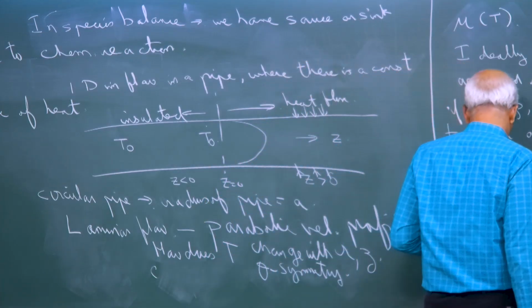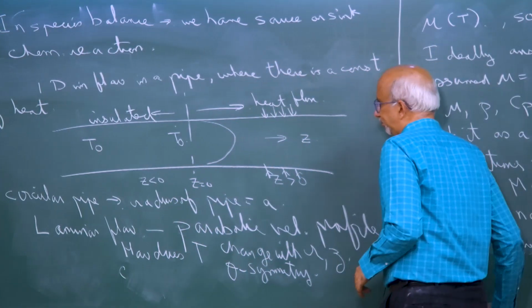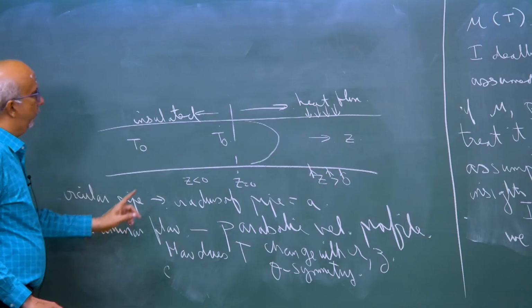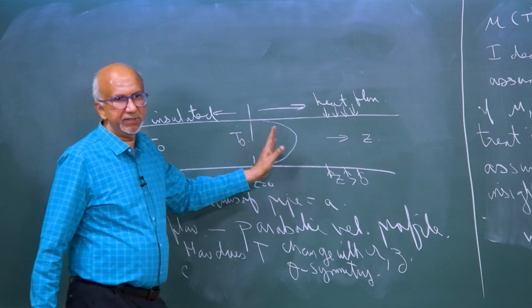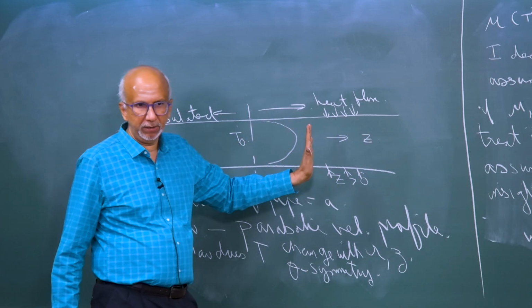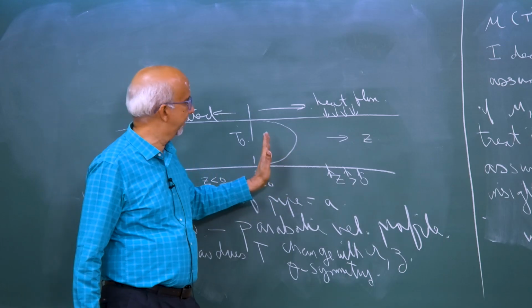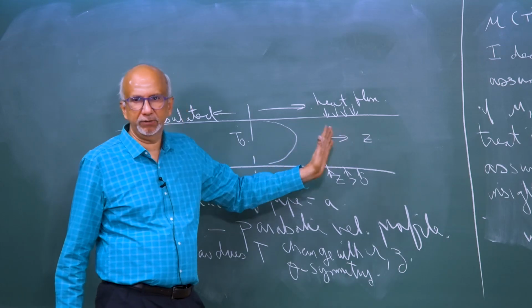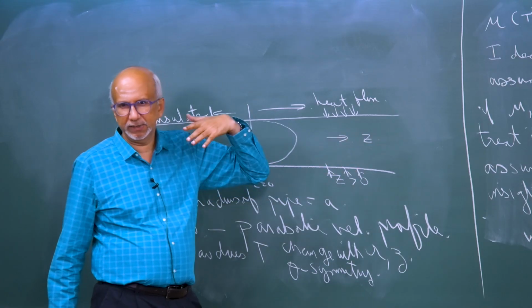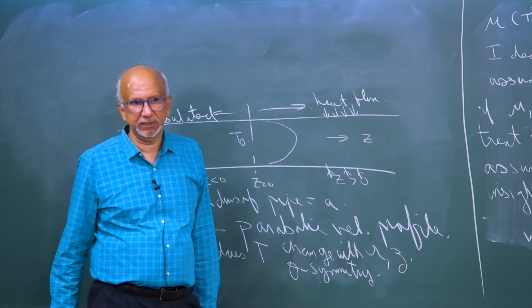So, now I come back to the problem here. I am interested in the temperature profile. I am telling you it is a one dimensional flow because it is laminar, and I want to find out how the temperature changes with r and z, and let us say, keep life simple, stay steady state.